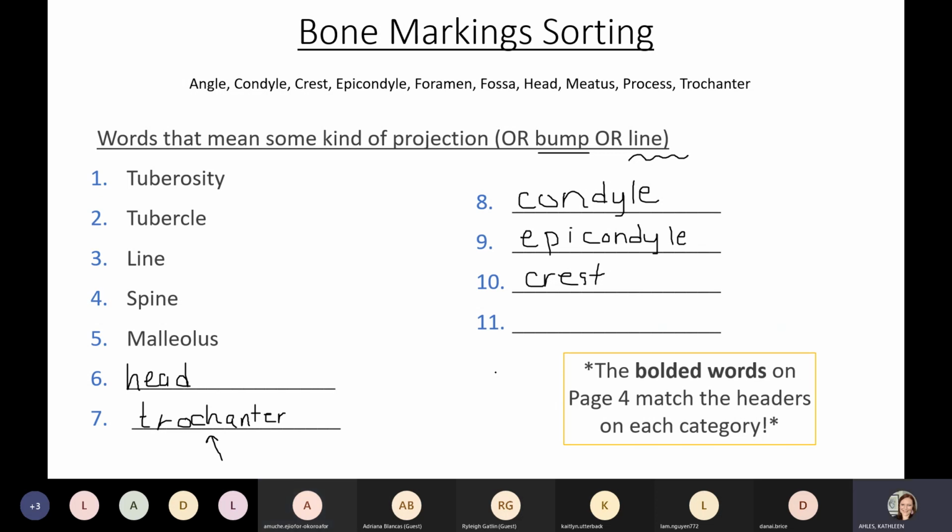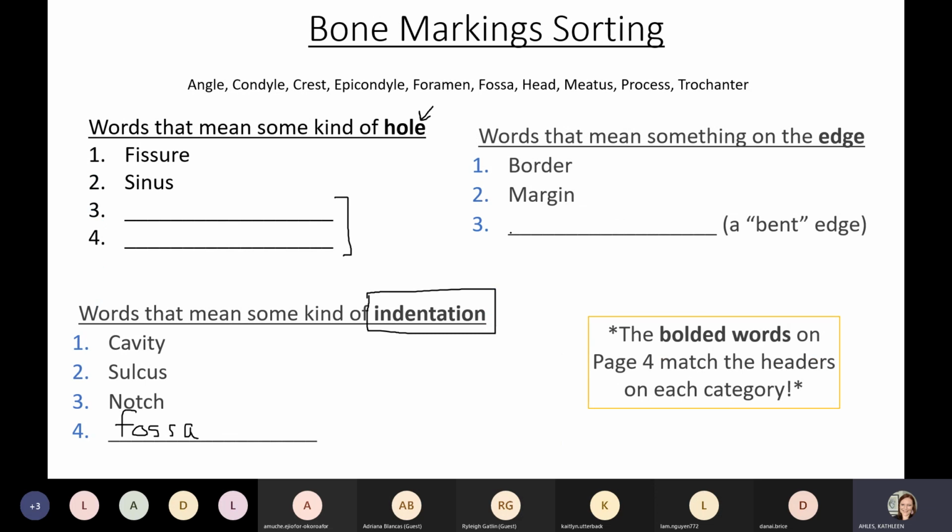So there is one more projection word that you're going to find when you complete the skull labeling activity. That'll be the last one to add to your list. So once you do the skull, you'll be able to fill in number 11. The skull labeling stuff will also help you fill in the stuff that we're missing here on this page as well. Okay, thank you. Yeah, you're welcome. Good question.